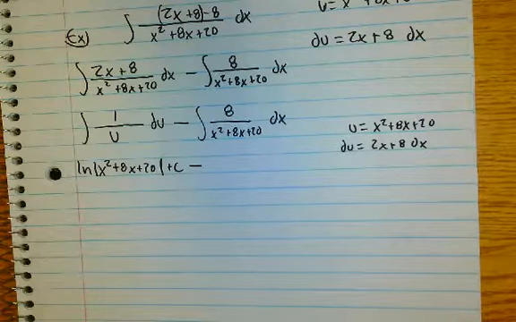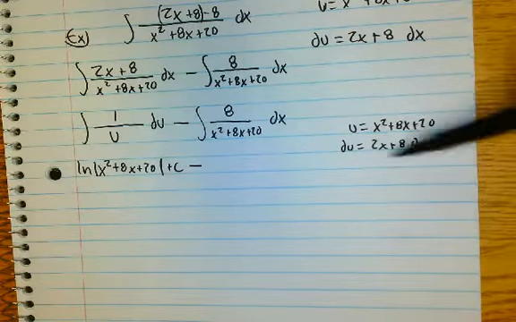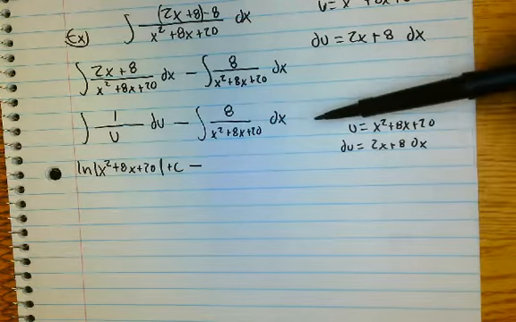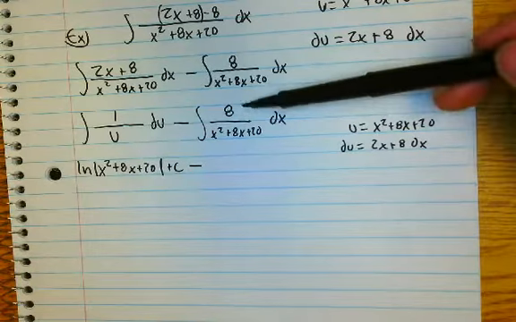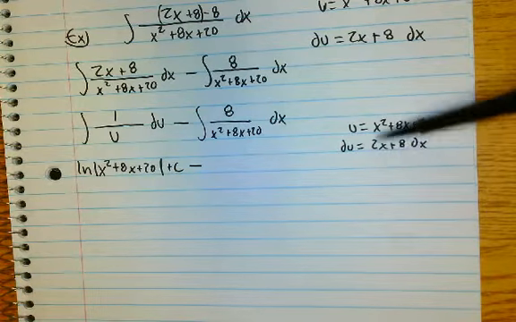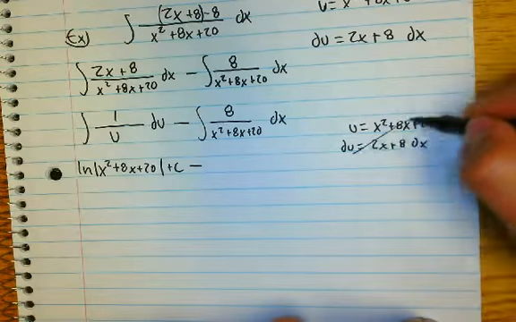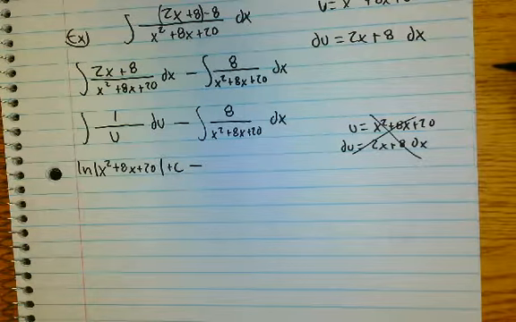Well, if I replace that with u, there's no way that I'm going to be able to get a 2x here. There's just no way. I can add and subtract the constant, but I cannot add and subtract a 2x. It's not going to help me. So unfortunately, we're not going to be able to go in this direction.